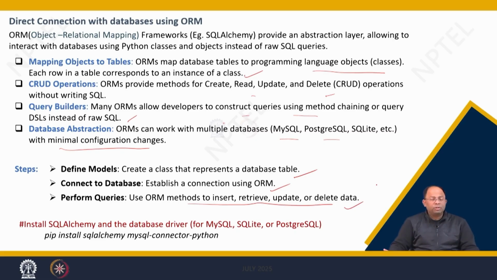The first thing you have to do for the demo, or for testing and practicing, is to install SQLAlchemy and the database driver for MySQL, SQLite or PostgreSQL, whichever you are using. So, pip install sqlalchemy and mysql-connector-python.